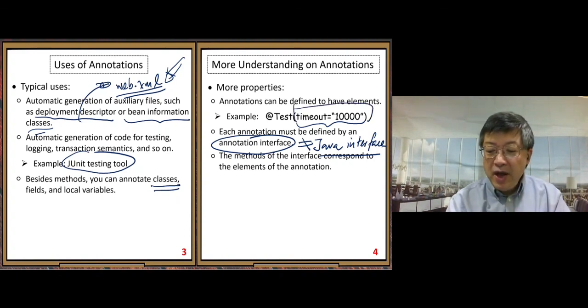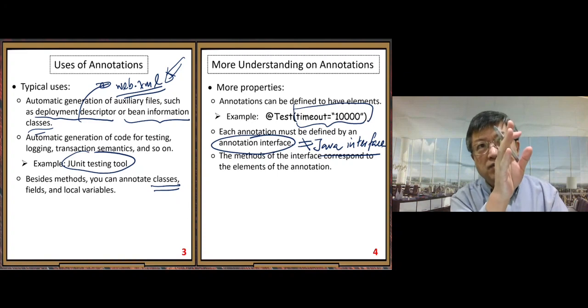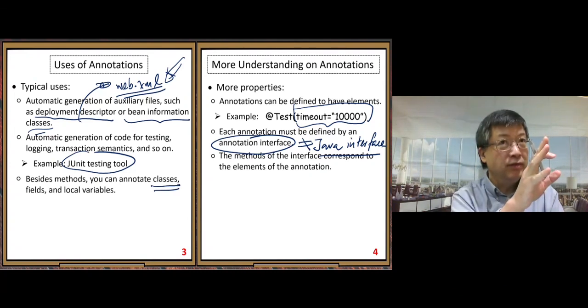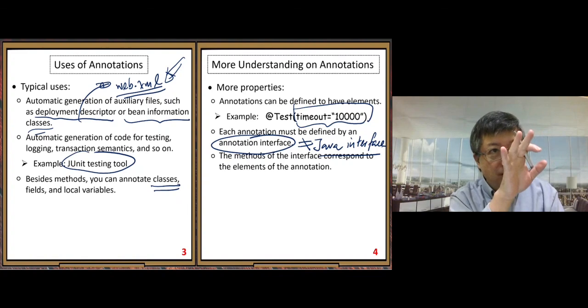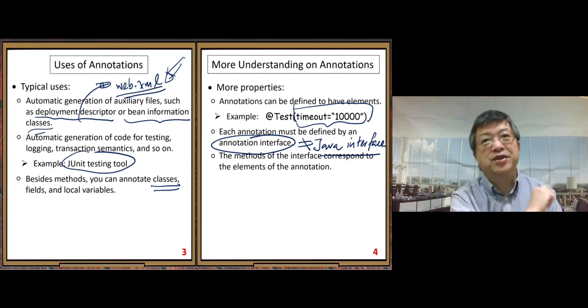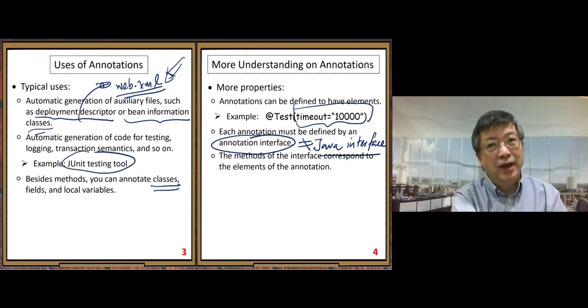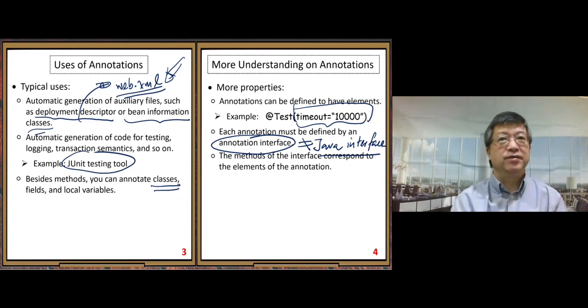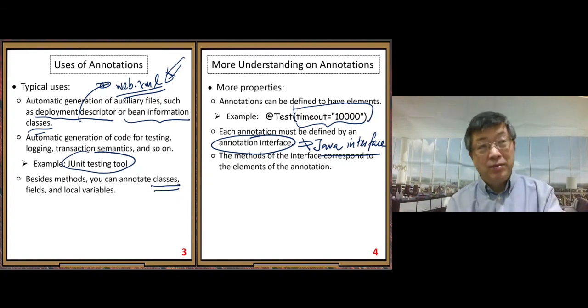Because you define many elements for an annotation, how do we represent those elements for that annotation? Through methods of that interface. Annotation interface, not the regular Java interface. We will see some examples later.